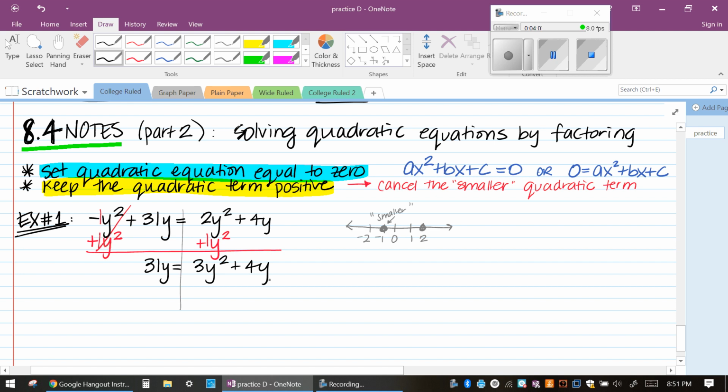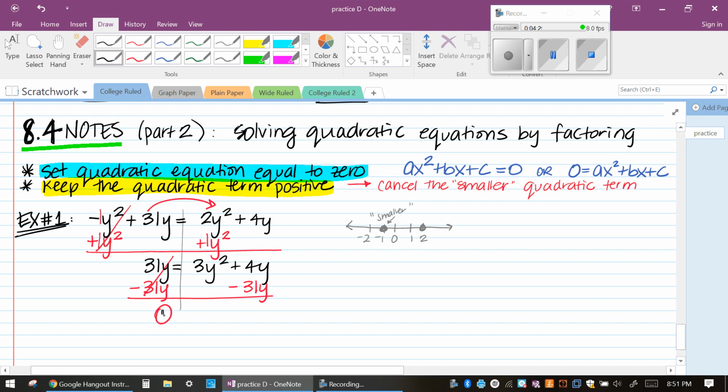Now remember, our goal is to set the quadratic equation equal to 0. So since I'm moving everything to the right side, I'm going to cancel positive 31y with a negative 31y, so that it gives me 0.